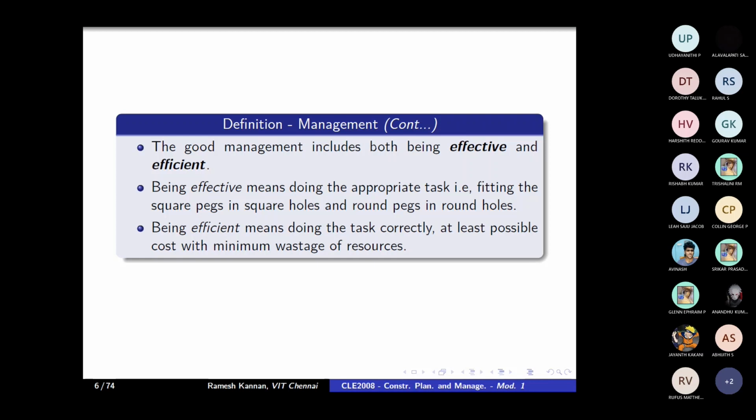The same is the definition for any personnel. Say, for example, if you call somebody a good leader, he should be both efficient as well as effective. Effective is someone who does a good job, with fairly good welfare for the people, his subordinates, and it should also be done in a stipulated time.